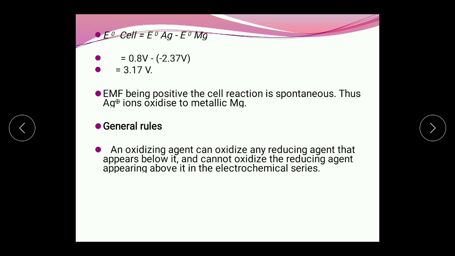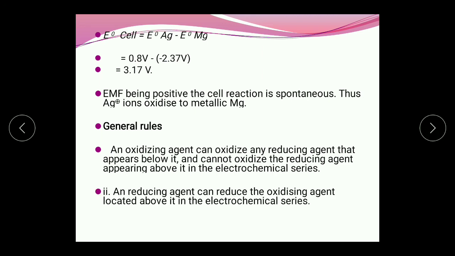In the reverse, we can say a reducing agent can reduce the oxidizing agent located above it in the electrochemical series. That means the one which has a natural tendency of reduction, the one which is located at the upper level, will definitely oxidize the one which is located at the lower level.